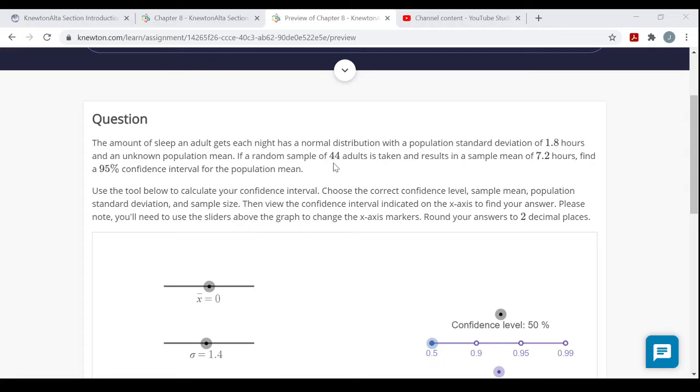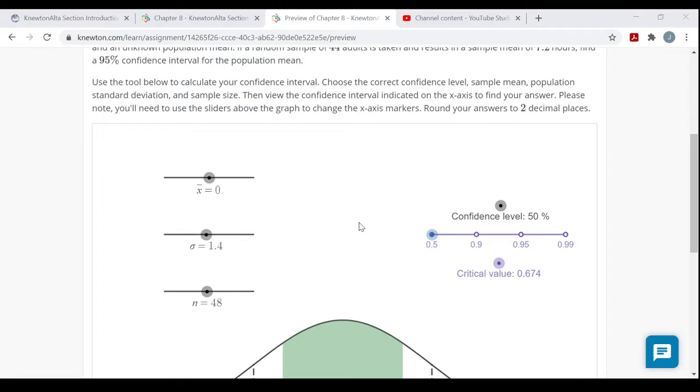If a random sample of 44 adults is taken and results in a sample mean of 7.2 hours, find a 95% confidence interval for the population mean.